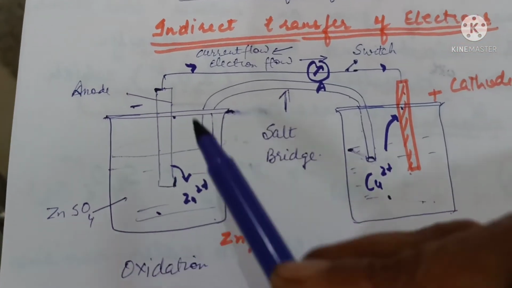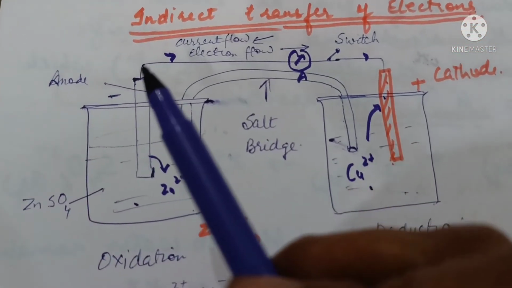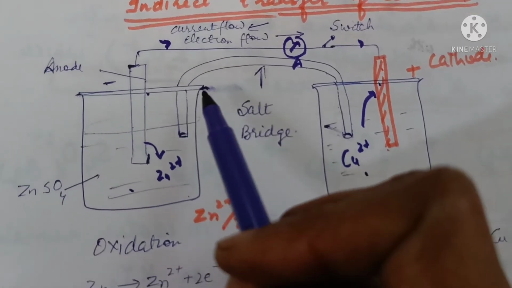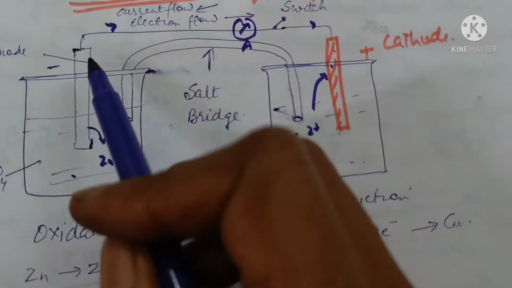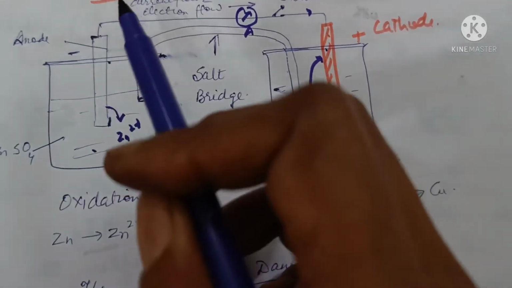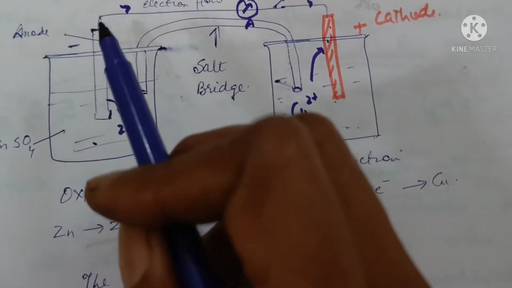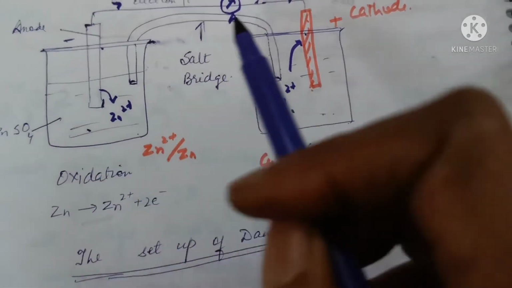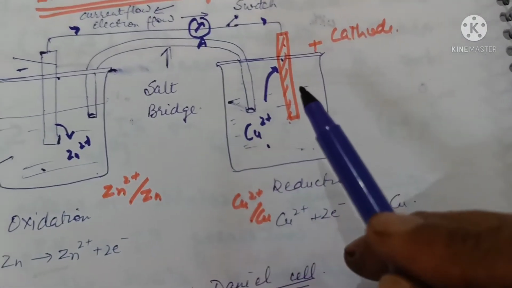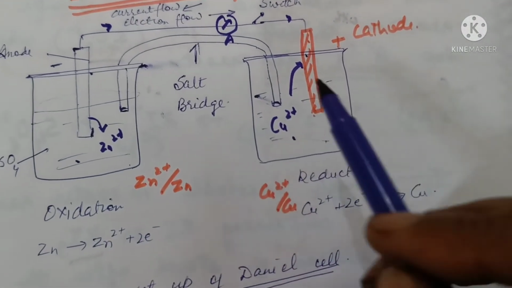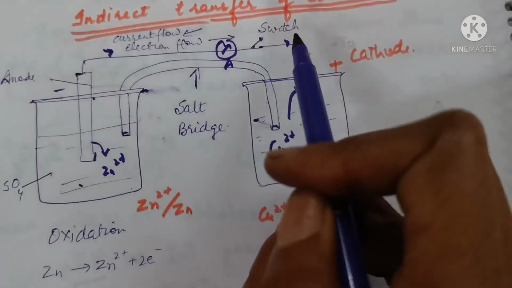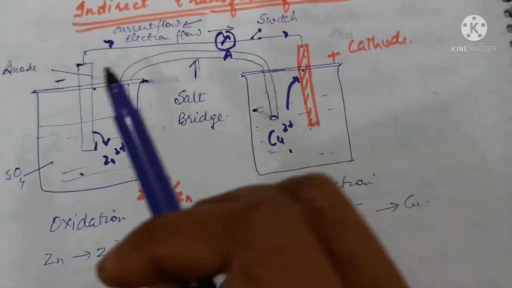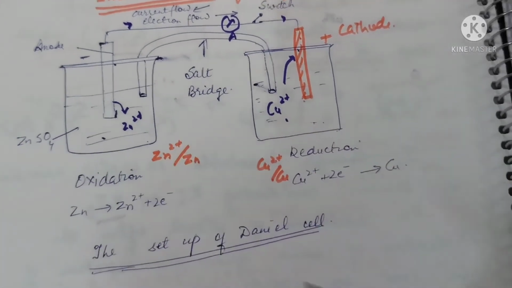This rod has a higher tendency to give electrons. It has lesser reduction potential, negative reduction potential. This has a different electrode potential, and current will flow as long as there is difference in electrode potential.